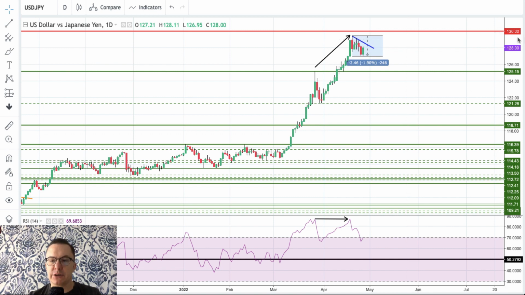So maybe we will not hit the round number of 130 soon enough. However, we are high enough for this bull trend to start some serious correction. Okay, so it looks like the trend on the majors is still continuing.